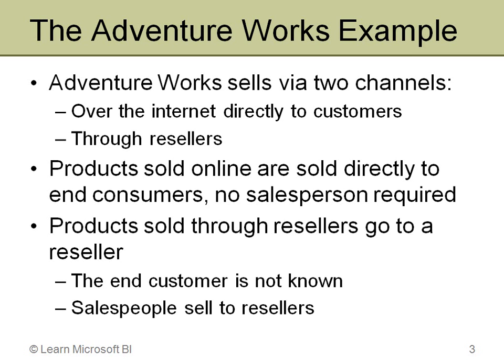So if you're in the United States, that might be a Walmart or a Target or some store like that. So people can walk into the store, buy the products, take them home. Well, if Adventureworks sells a product online, they know who the end customer is. So a fact for an internet sale has a customer.